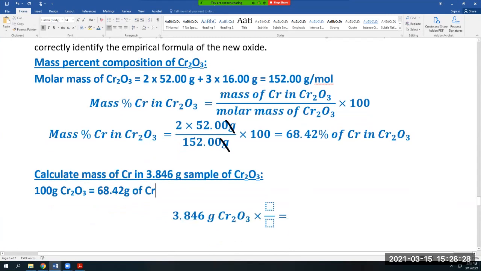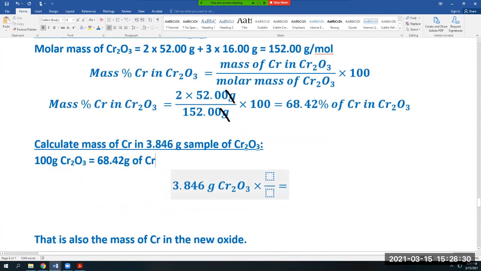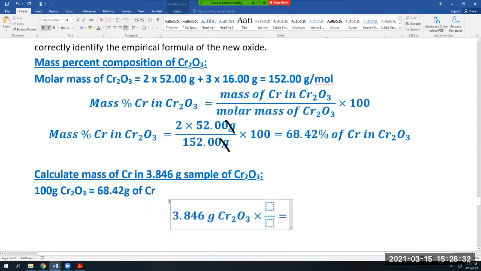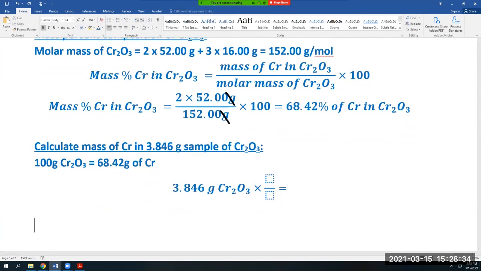And so we start the calculation with the given amount of chromium oxide, Cr2O3. So this is the given amount we will start the calculation with.